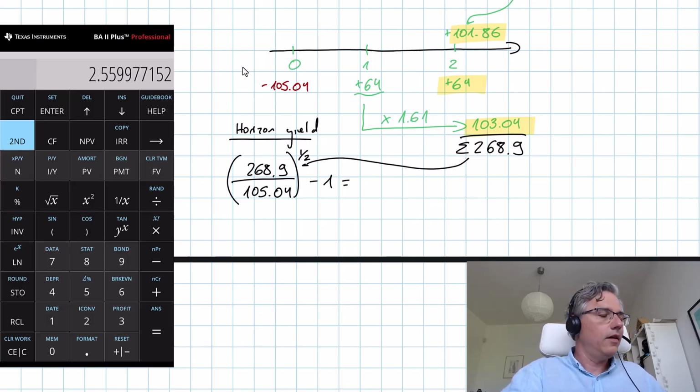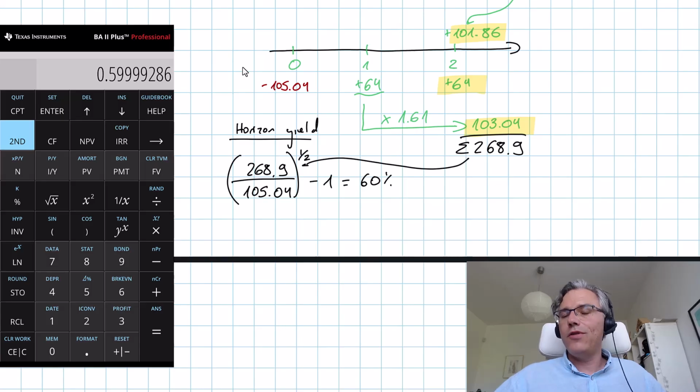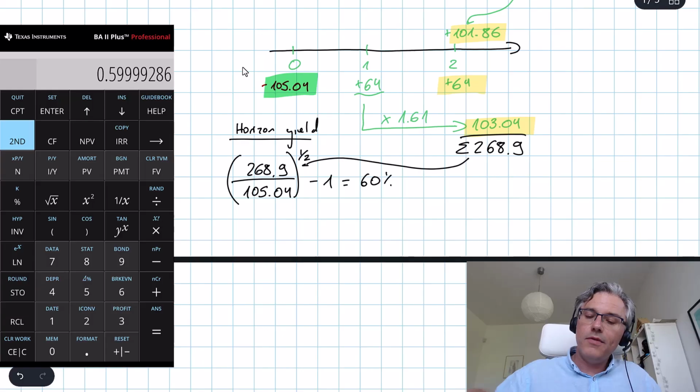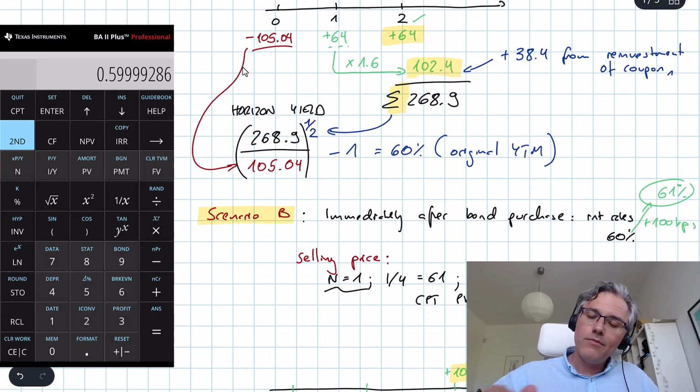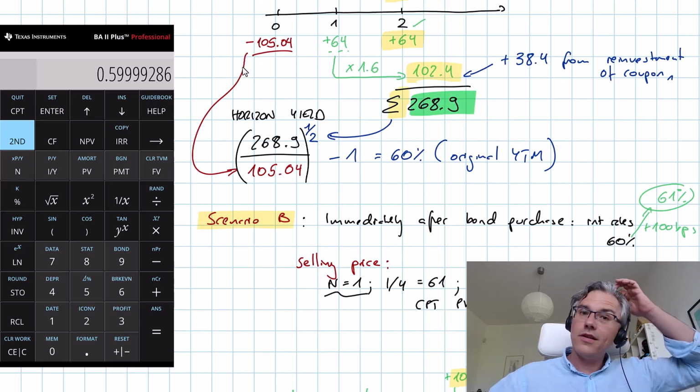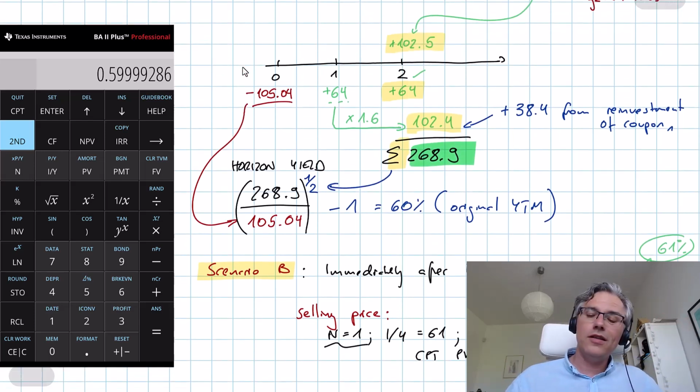If you didn't, look, it's once again equal to 60%, the original YTM. How come? Well, the purchase price was the same, and so is this total. 268.9 is the same total as we had in the previous example where there was no change in yield.